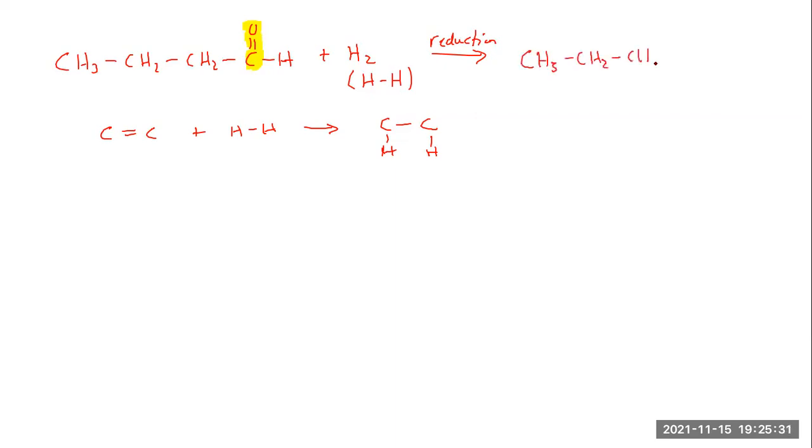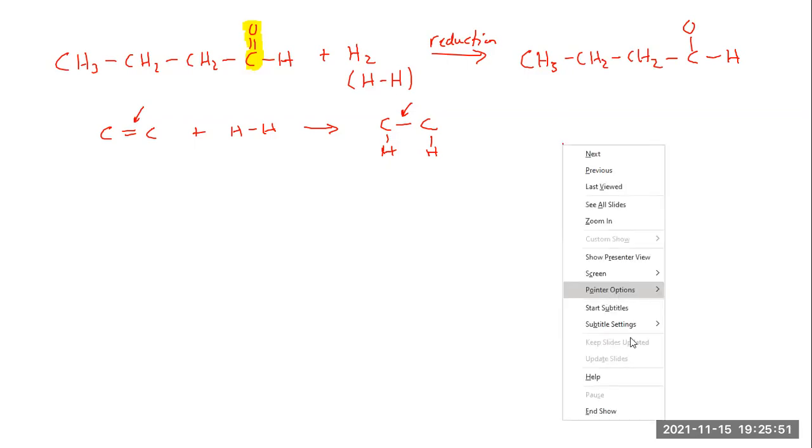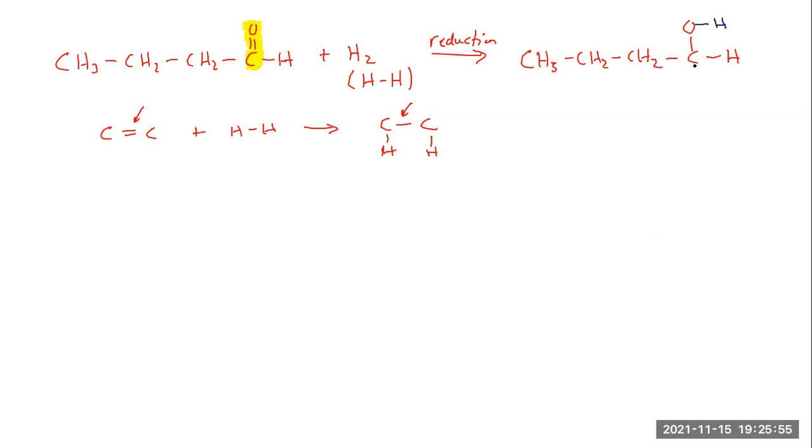The only difference is our carbon-oxygen bond will now go from a double bond to a single bond, very much like what we did here. It becomes a single bond because now that makes room for a hydrogen to be added to the oxygen and a hydrogen to be added to the carbon, just like what we did here, where we added hydrogen to each.